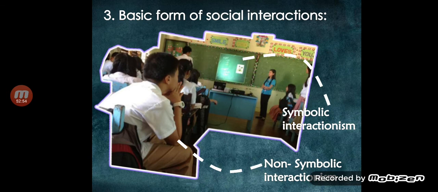Like in my case, let me just have a short sharing. When we were in Hong Kong one time, we ate in a certain restaurant. We are used to asking for water when we are thirsty. So we got a glass of water together with calamansi and a spoon and so on.